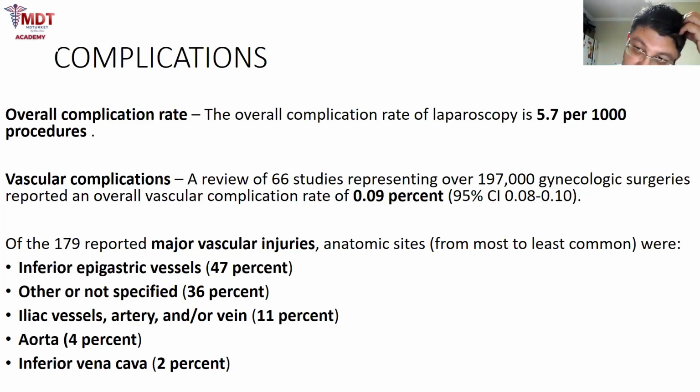In the major vascular injuries, the most affected vessels are inferior epigastric vessels and iliac vessels, aorta, and inferior vena cava. And again, I think that these complication rates are too low because nobody is reporting his or her complication rate.